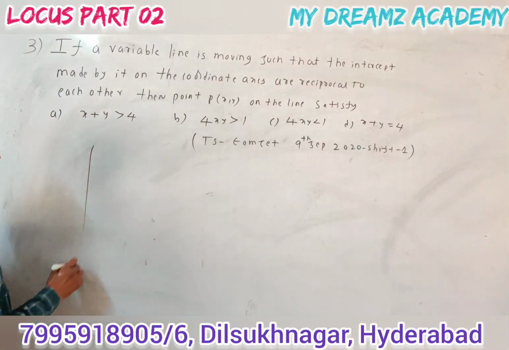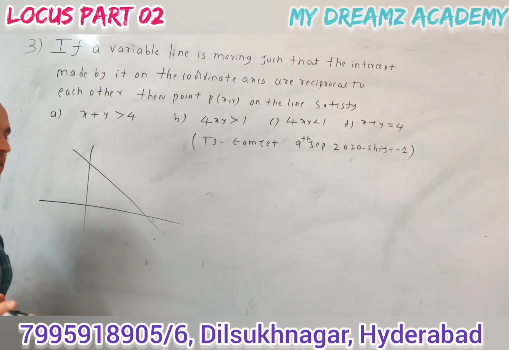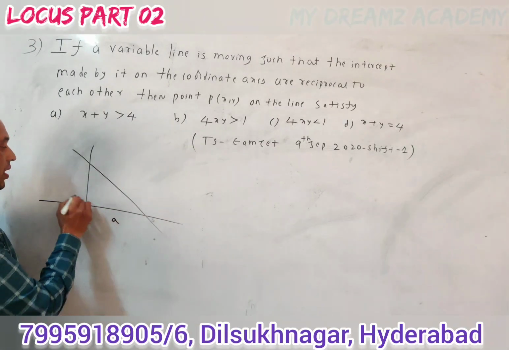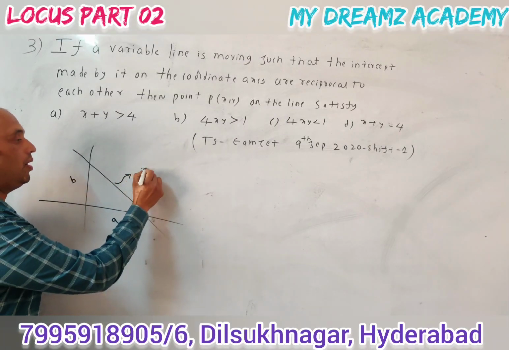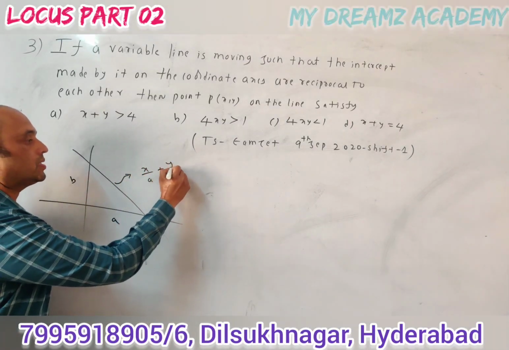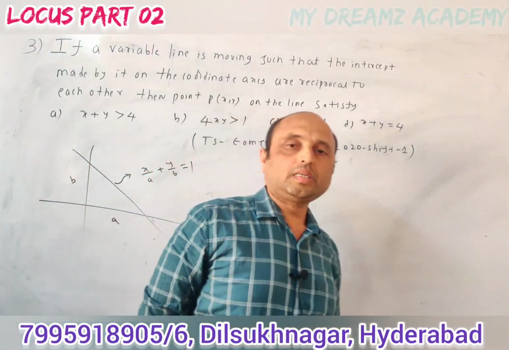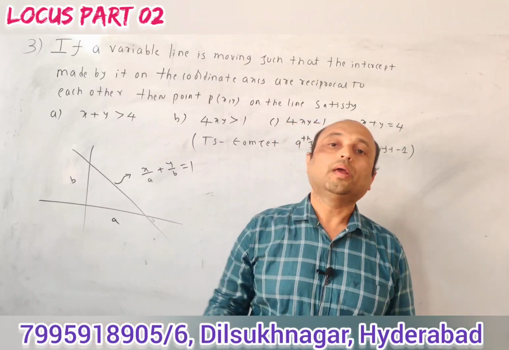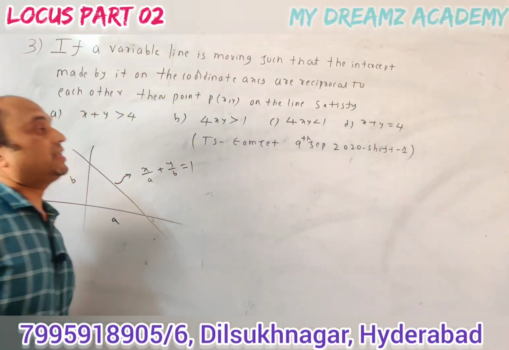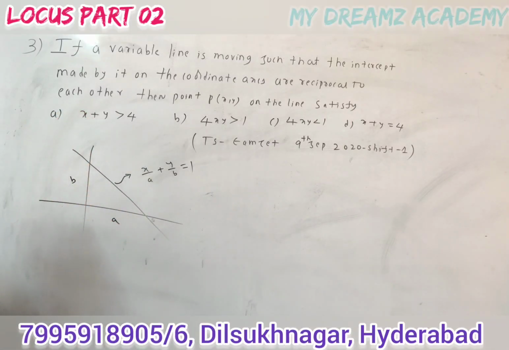Actually we know the equation of a straight line in intercept form. Suppose this is the x intercept and this is the y intercept, then the equation of the line is x by a plus y by b is equal to 1. If the x intercept is a and the y intercept is b, then the equation of the line is x by a plus y by b is equal to 1. But here it is already given that the x and y intercepts are reciprocal with each other.